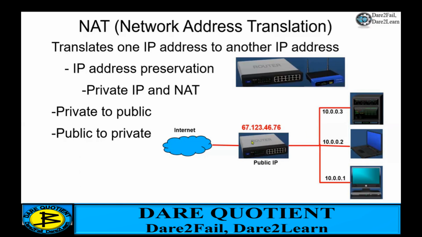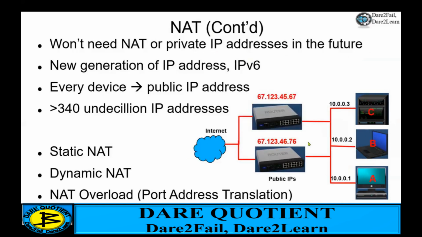This router has different ports, which could be assigned different port numbers corresponding to these devices. Whenever a request is sent, this is the public IP address that goes to the internet, and the internet responds to this public IP address, and the request is sent to the corresponding device. That is called NAT overload, or port address translation.